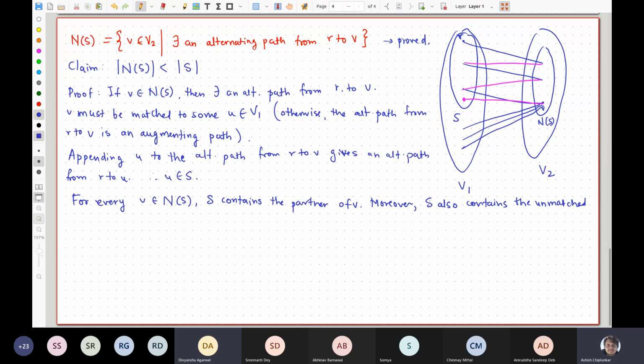Yes. So I'll write the clarification. By partner I mean the unique U such that UV is in M star.